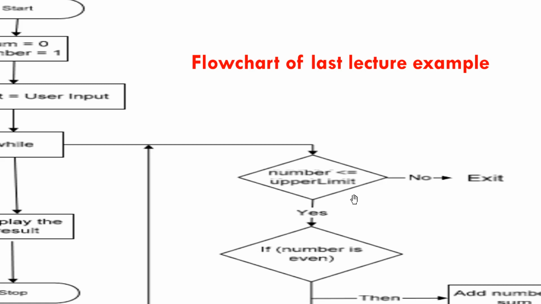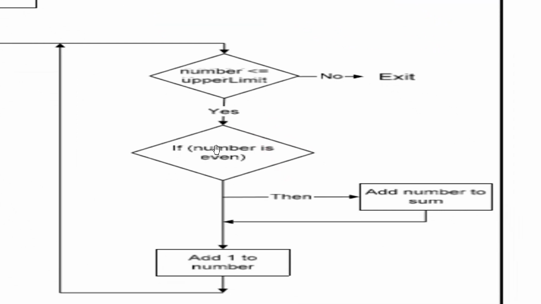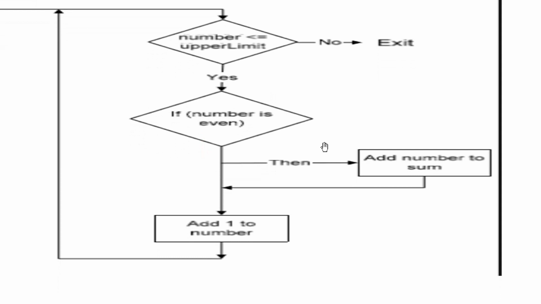Now, if the condition is true, we have to look at another condition: whether the number is even. If the number is even, then we add the number to the sum, and then we add 1 to the number. If it is not even, this block of code will not be executed.